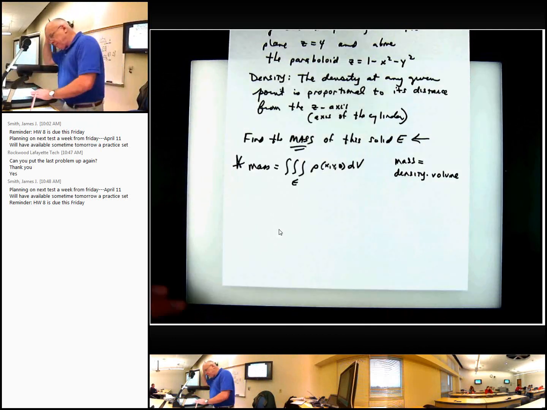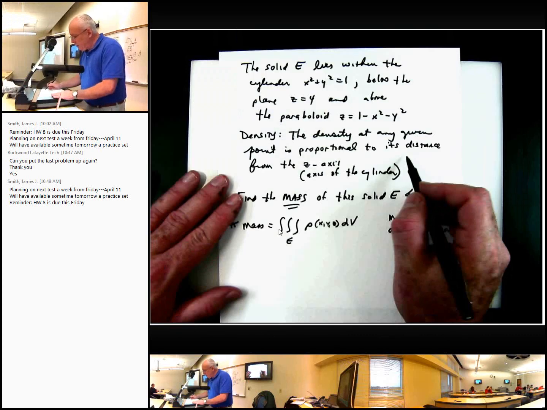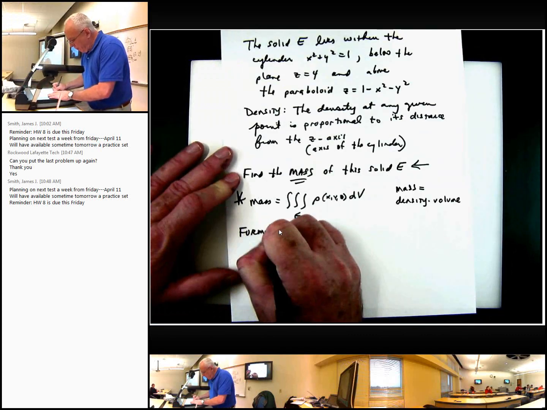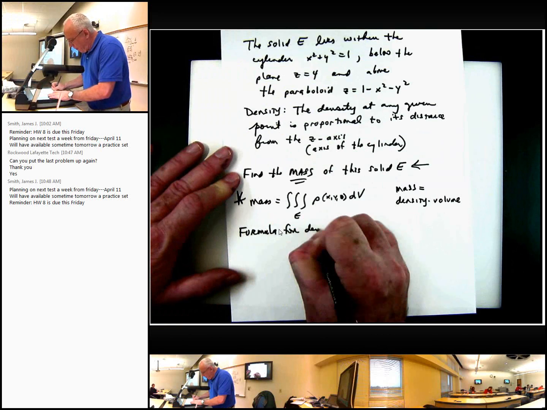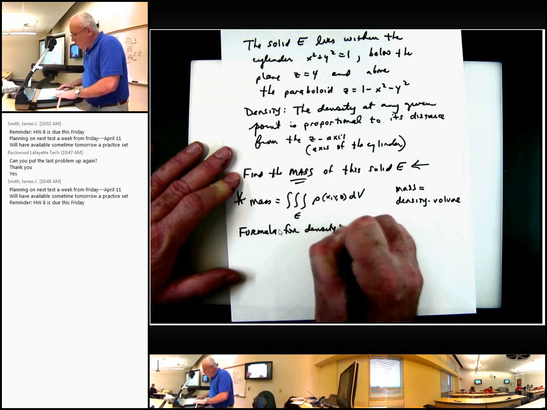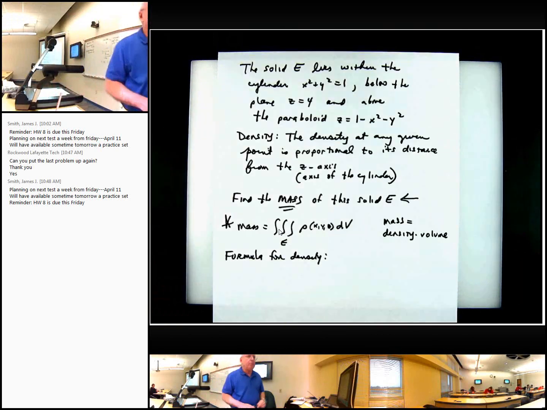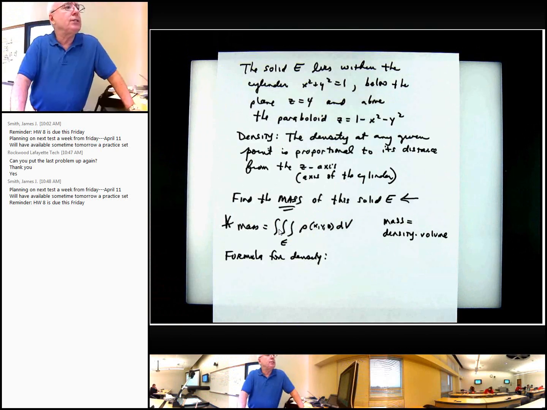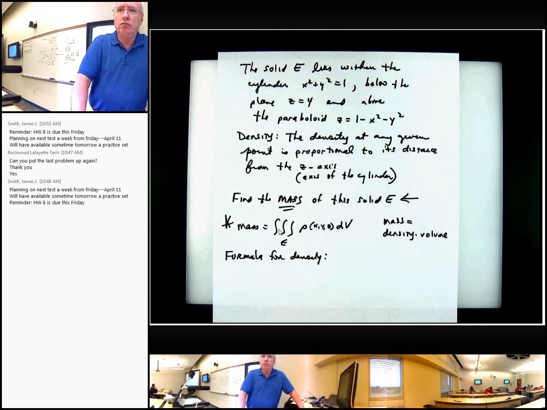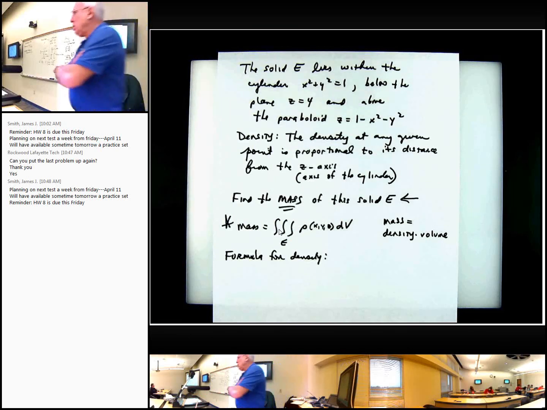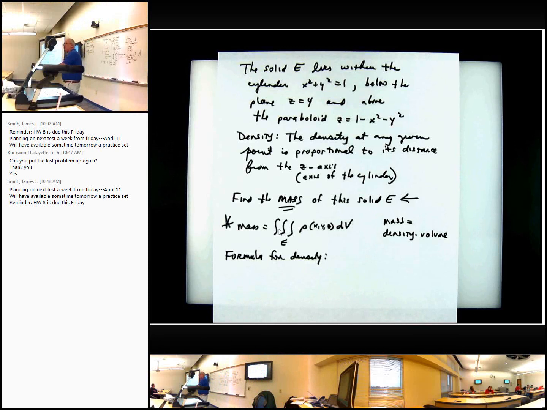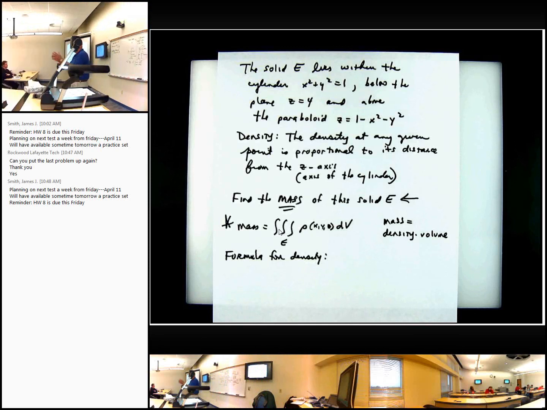Now, first of all, I think we need to figure out what our formula for this density is. We're told that the density at any given point is proportional to its distance from the z-axis. When we say two things are proportional to each other, we mean that one is some constant times the other one.